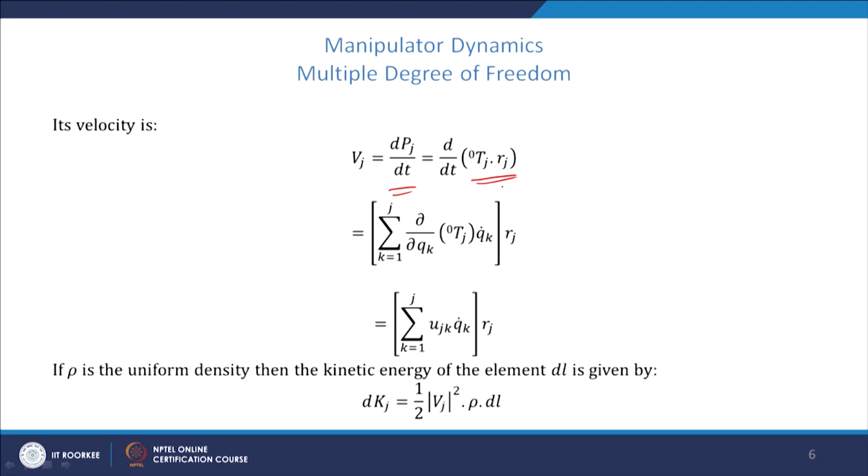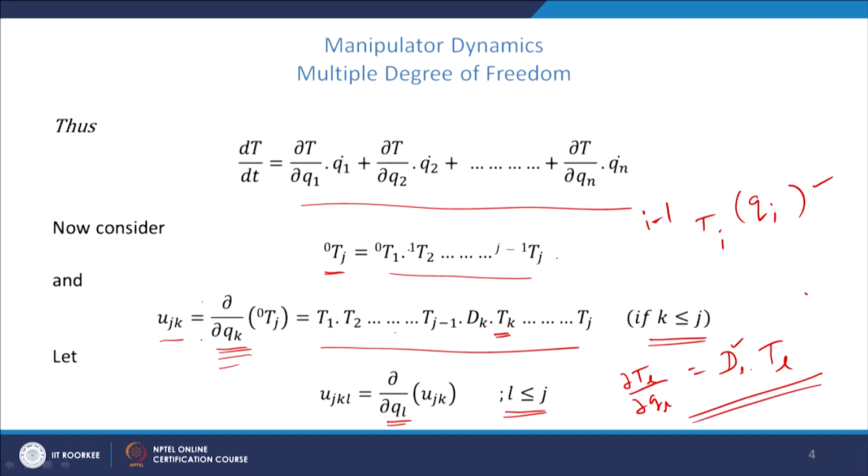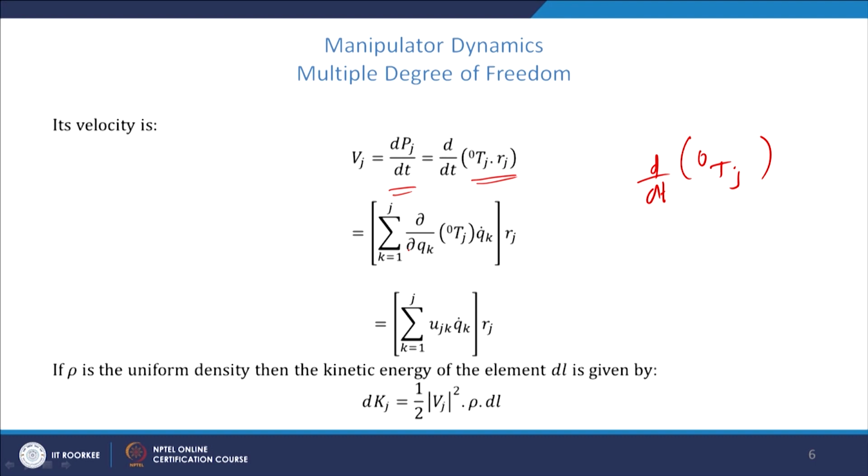So, we have already seen the derivative d by dt of 0Tj, how to write it? It is through the summation. In the previous slide, we have seen the derivative del by del qk of 0Tj for different values of k. So, that is substituted here because it is a total derivative.